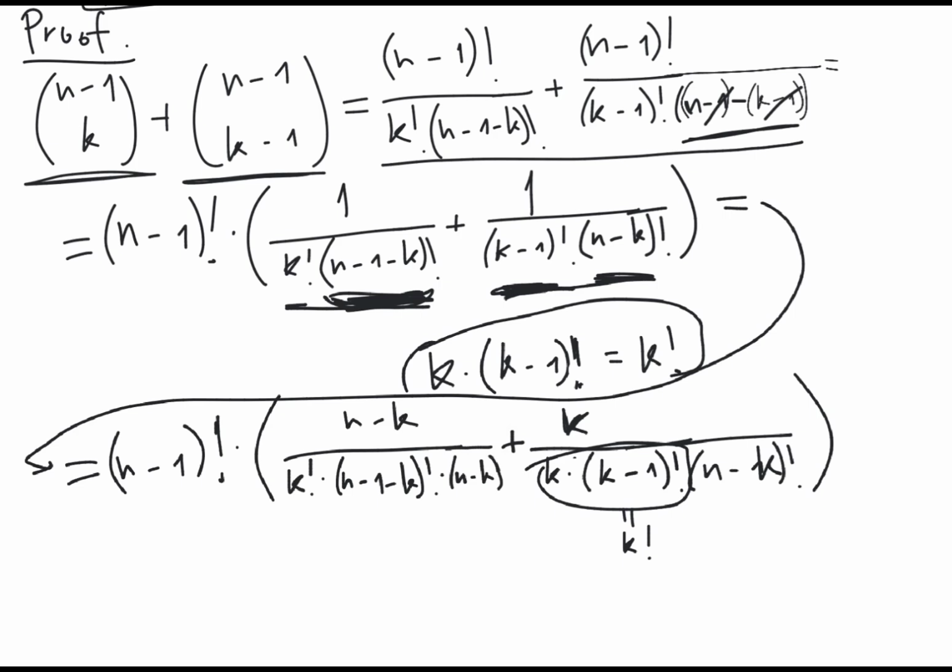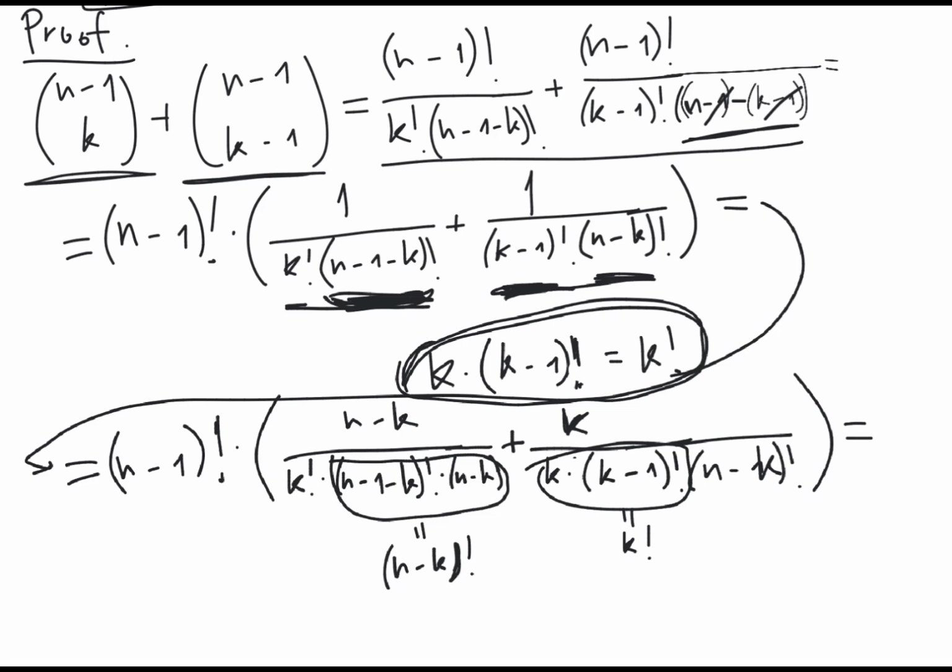So now this product by the same rule is equal to (n minus k) factorial.